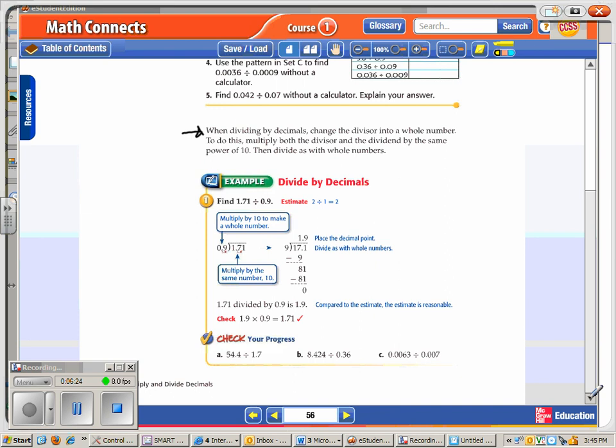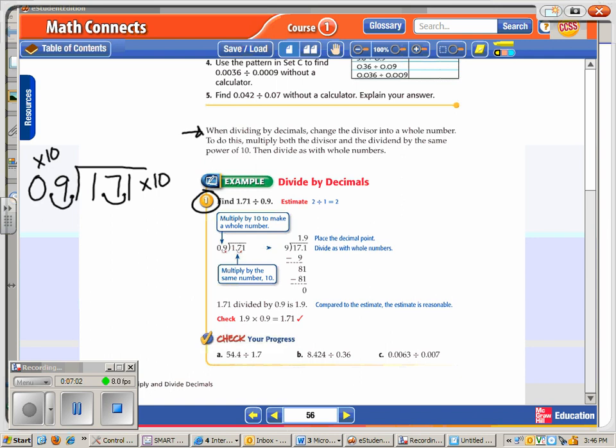But also because we know if we were taking something like number 1 here, and we had $1.71, and we were dividing it by 90 cents, or 9/10, 9 dimes, what we're doing is multiplying each number by 10 to move that place value. Because remember, when you multiply by 10, you move that decimal to the right.